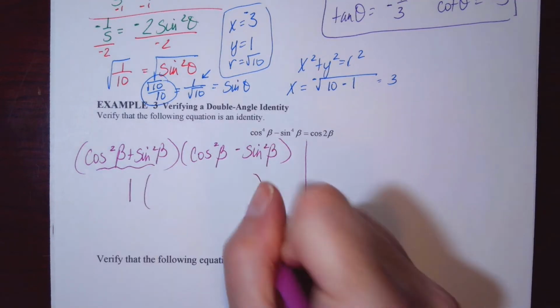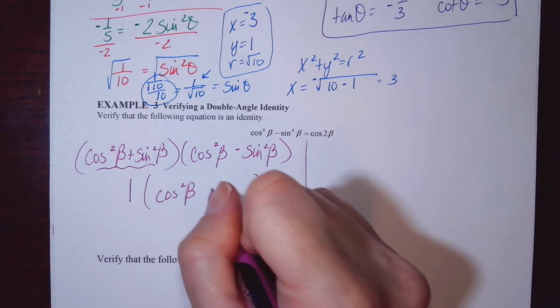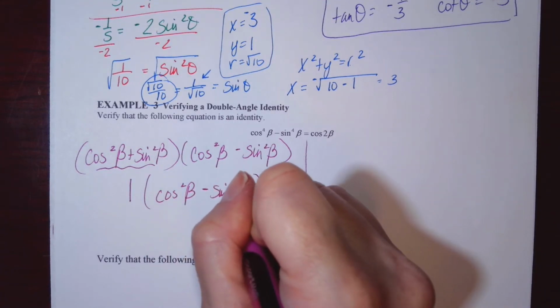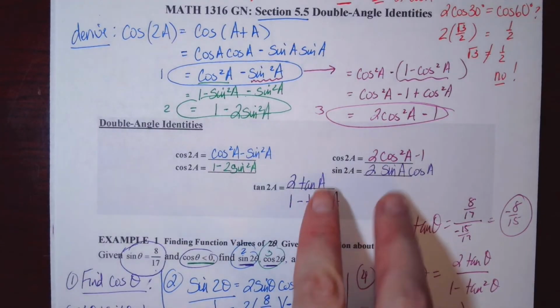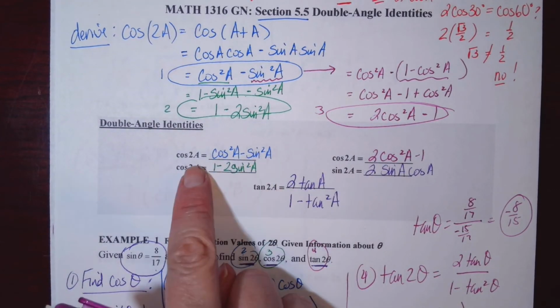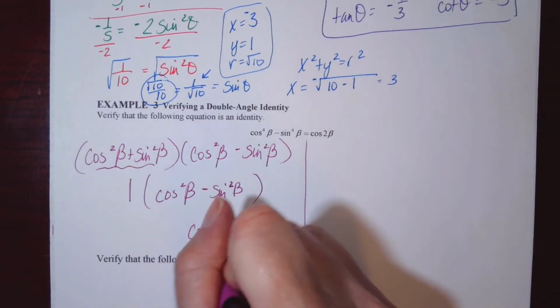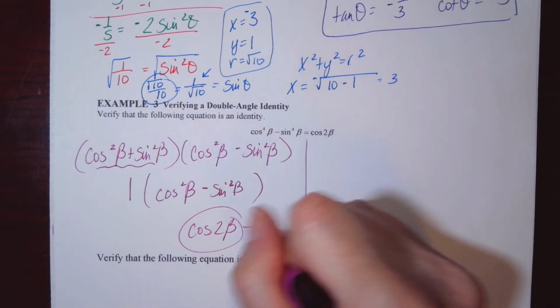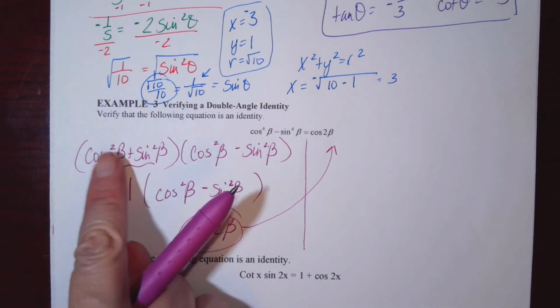So I've got 1 times cosine squared beta minus sine squared beta. And if I look at my list of identities, because I know where I want to head, that's one of my double angle identities. That is cosine of 2 beta. That was my goal. But I do need to show this step here so it doesn't look like I just guessed.